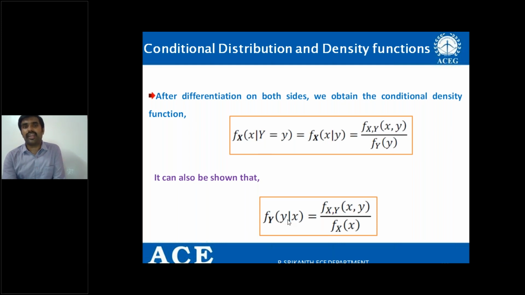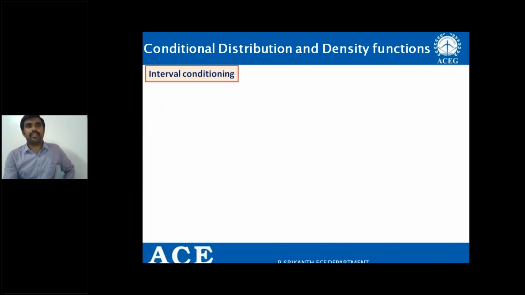If it is reversed, that is applying the conditioning on y by using x, ultimately the density function will be fx,y of x comma y is fx of x given y into fy of y. It is a very important relation. The conditional density function relation is very important. Please remember this, right?